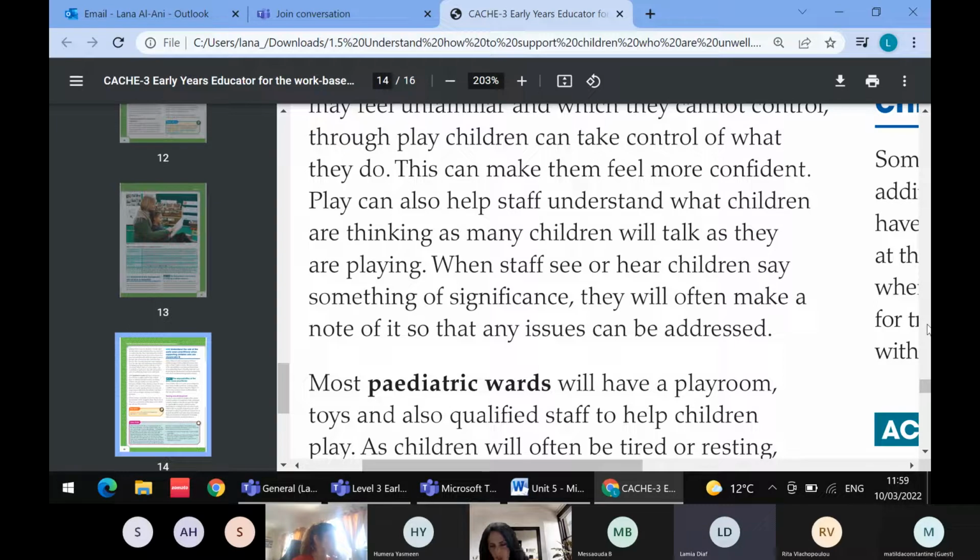So when you do the playing, the child will feel confident, will feel more in control, will start understanding and making sense of the environment around them, and it will also help the staff to understand the children, how they think.